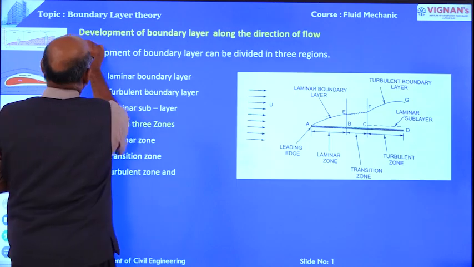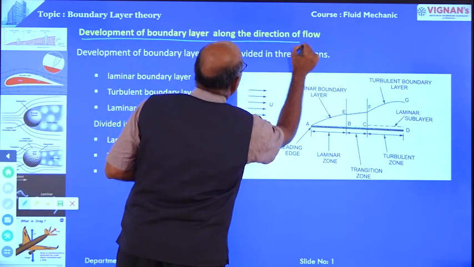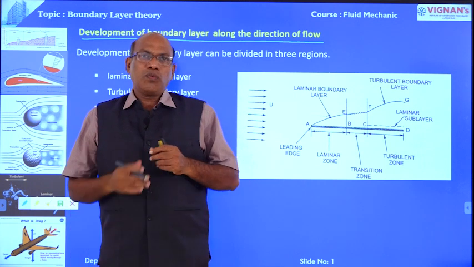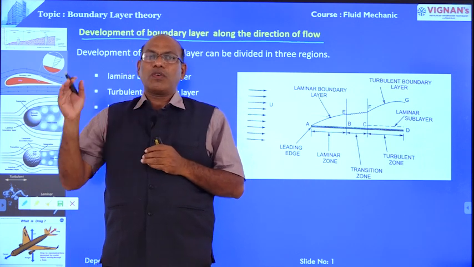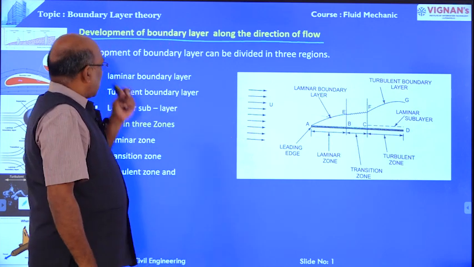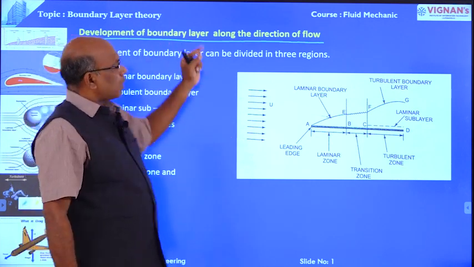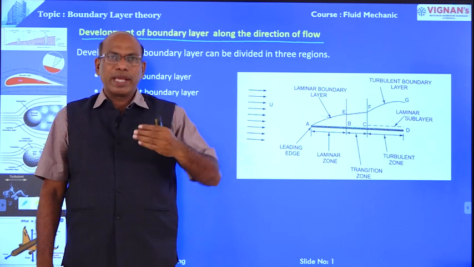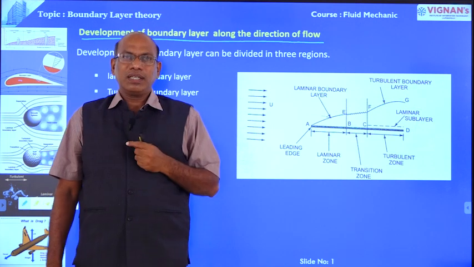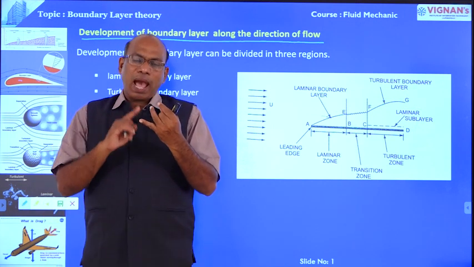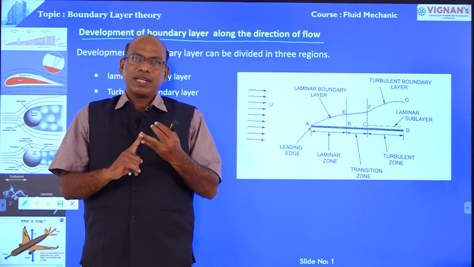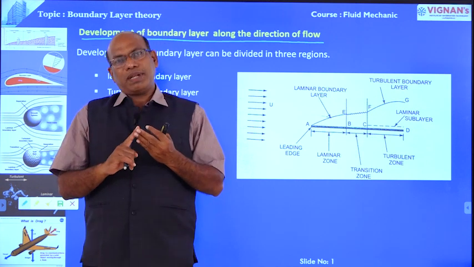Right? Development of boundary layer in the direction of flow. Now we are going to discuss the development of boundary layer in the direction of flow. It is divided into different layers: the laminar boundary layer, the turbulent boundary layer, and the laminar sublayer.